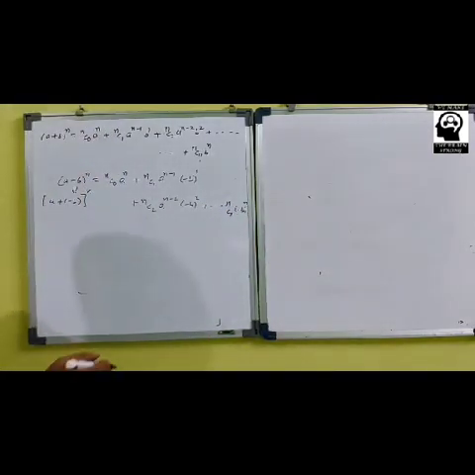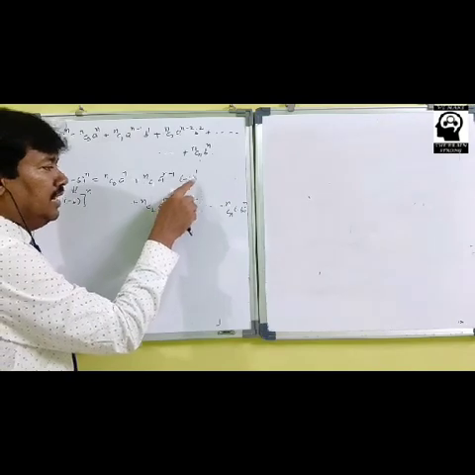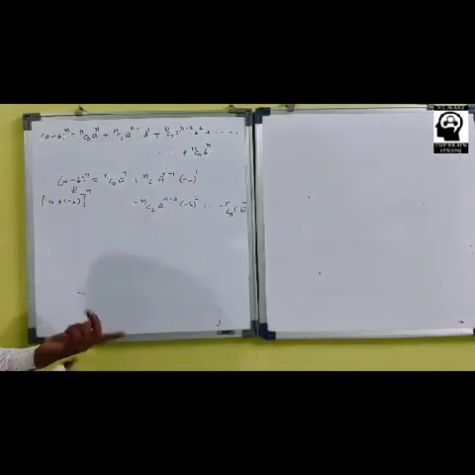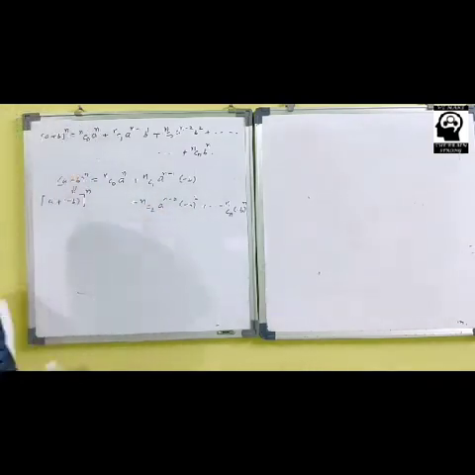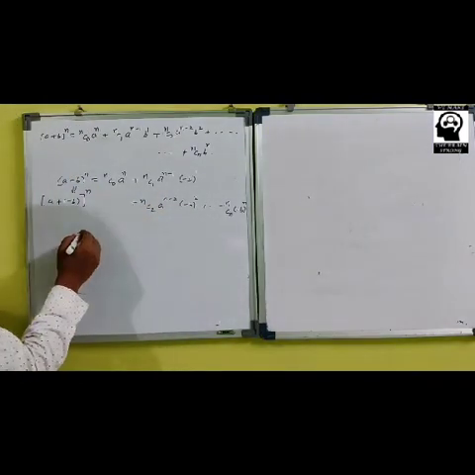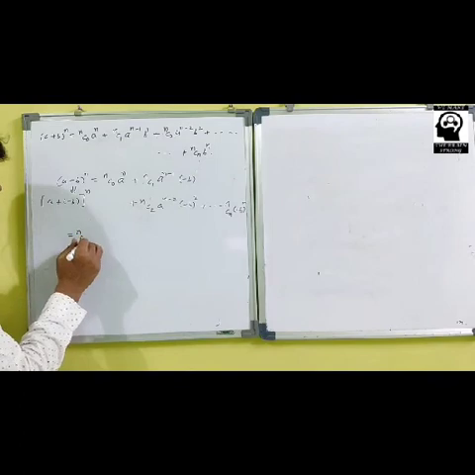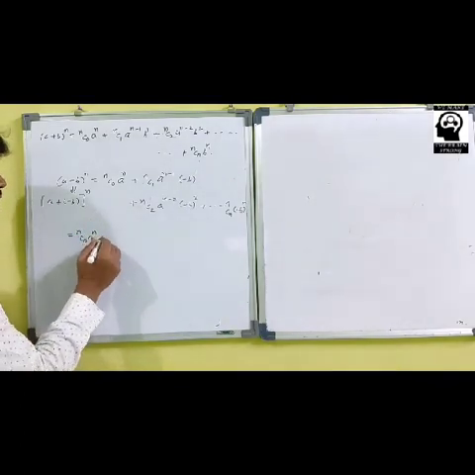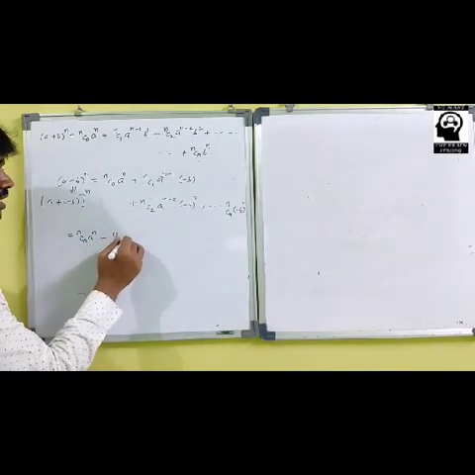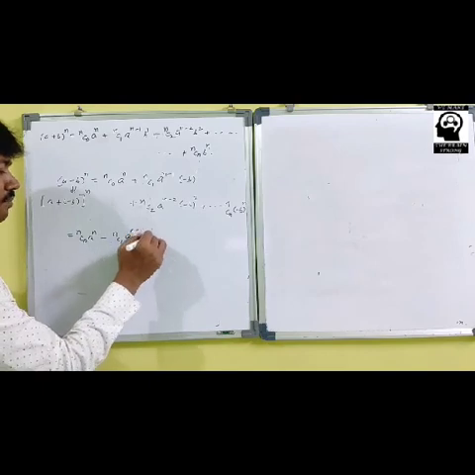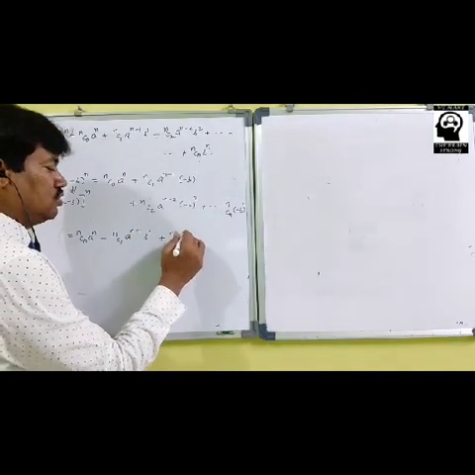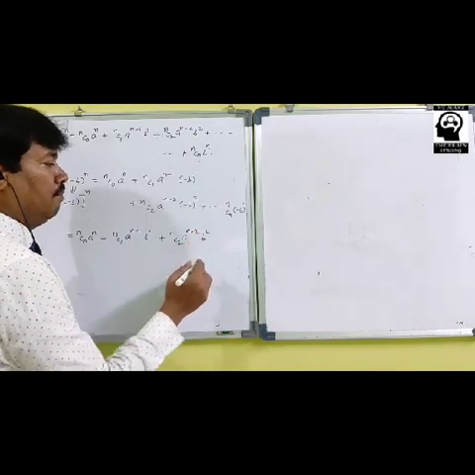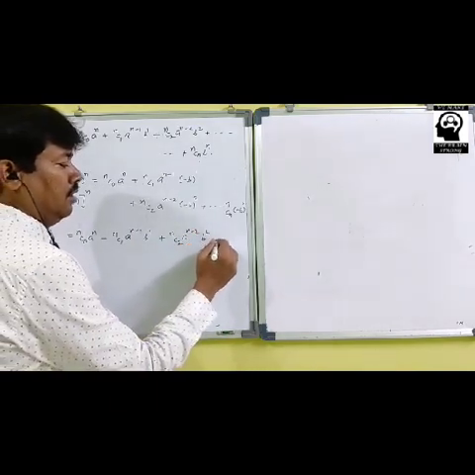Clearly, when the power of minus b is odd, the sign will be negative. When the power of minus b is even, the sign will be positive. Therefore, this expression becomes nC0 a^n minus nC1 a^(n-1) b^1 plus nC2 a^(n-2) b^2 and so on.